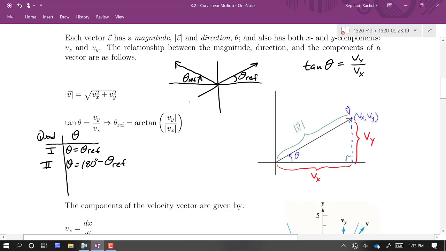If I'm in quadrant 3, that reference angle is this measure down from the negative x-axis. So what would I do to find theta in that case? 180 plus. And if I'm in quadrant 4, the reference angle is again measured from the x-axis. The reference angle is always a measure from the x-axis, right? And then what quadrant you're in just tells you in what direction and whether it's the positive or negative x-axis.